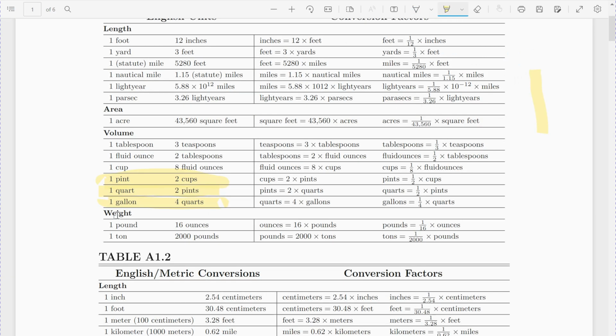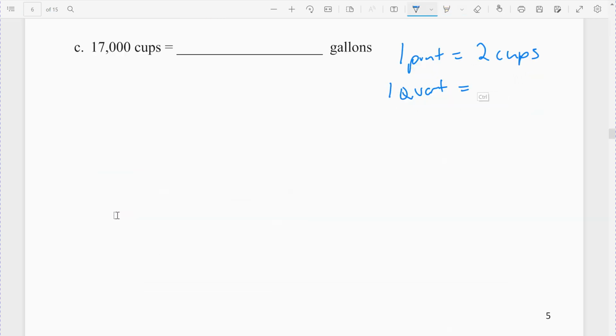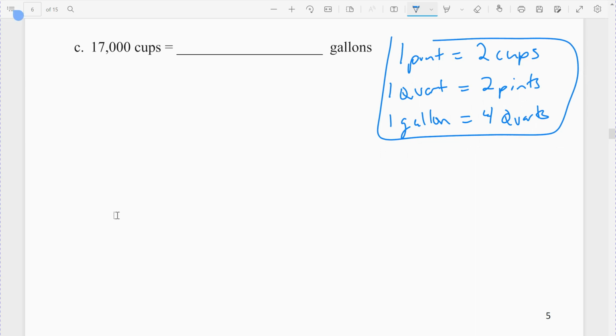Double check that. 1 quart is equal to 2 pints. And then 1 gallon is equal to 4 quarts. All right, so those are the conversions I'm going to use. I've got to remember what I'm starting with and what I want to finish with. I'm starting off with cups and I want to finish with gallons.